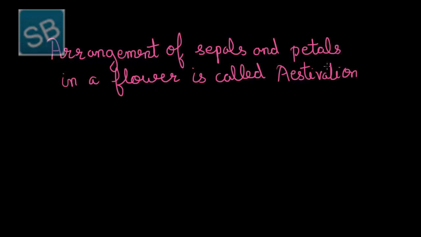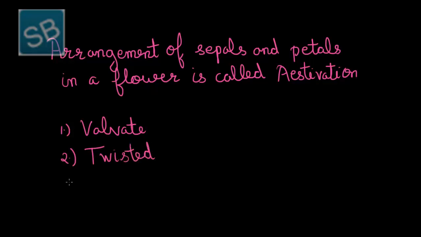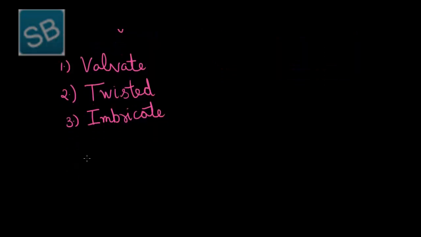Now, aestivation in flower is basically of five types. First is valvate, second twisted, third imbricate, fourth is vexillary, and fifth cuneiform.